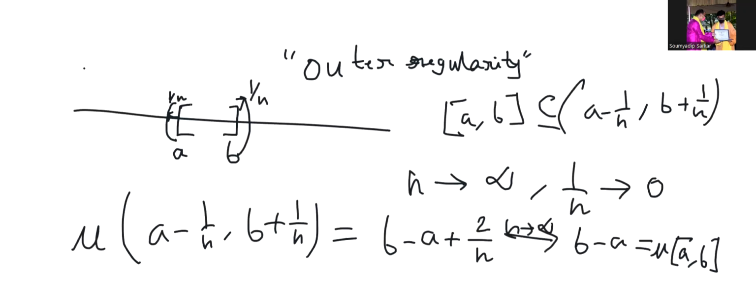I'm approximating from outside by using open intervals that contains my given closed set. So the approximation is happening from outside. That's why it's outer regularity.